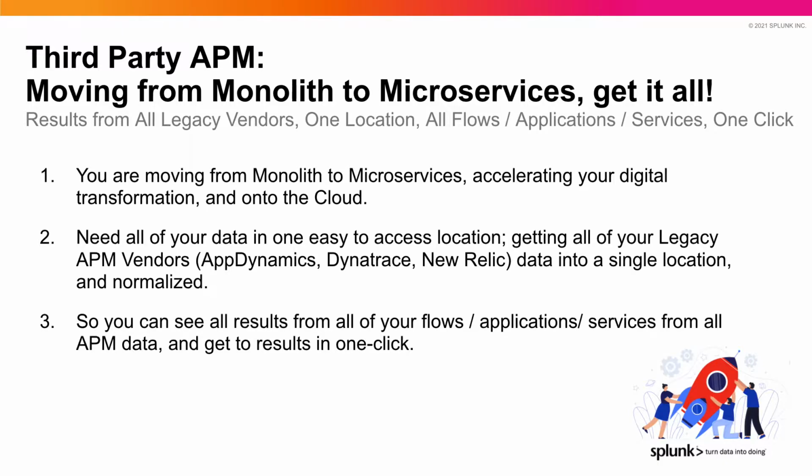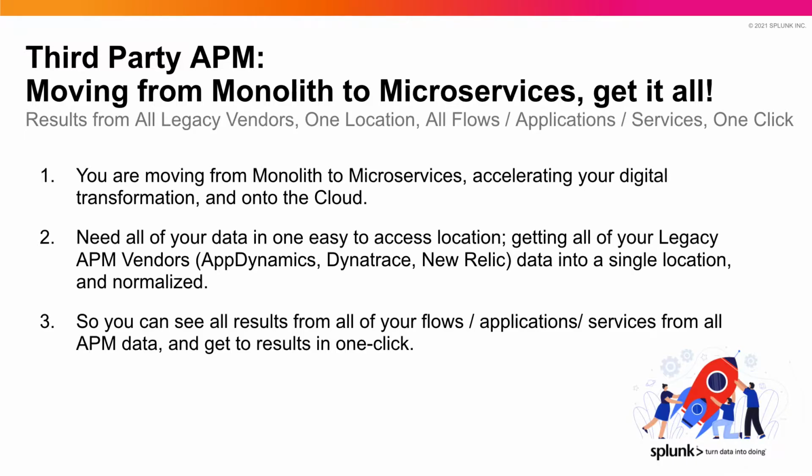So as we think about the third-party APM and all of the above, how do we move from monolith to microservices, accelerate that digital transformation, and migrate to the cloud while needing all of that data in one easy-to-access location?